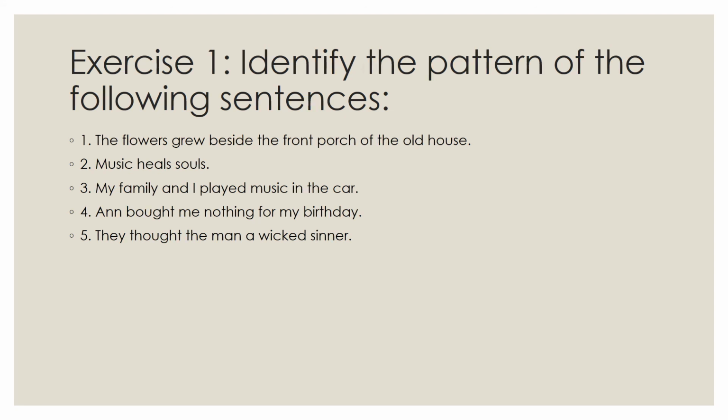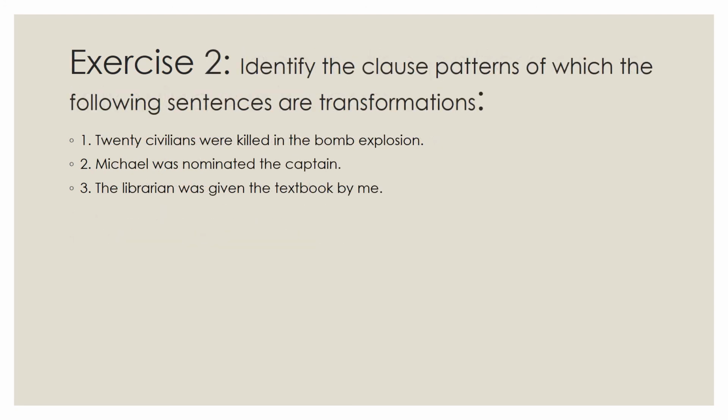Exercise number 2 again asks you to identify something, but this time you are going to identify the close patterns, and these sentences are not the original sentences, they are transformations. So I want you to identify the close patterns of the original sentences. Is it clear? For example, number 1, 20 civilians were killed in the bomb explosion.